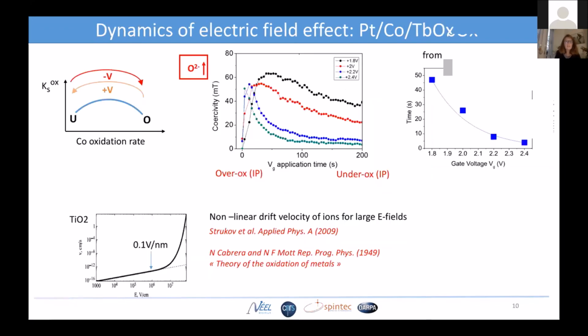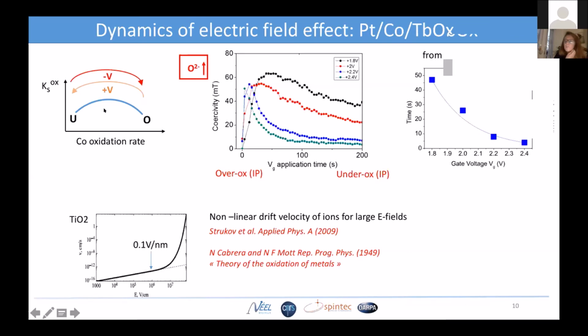So in my final slide, I wanted to show you that, up to now, we have used the electric field to manipulate the perpendicular magnetic anisotropy only in the under-oxidized part of this PMA curve, between the under-oxidized state and the maximum anisotropy.